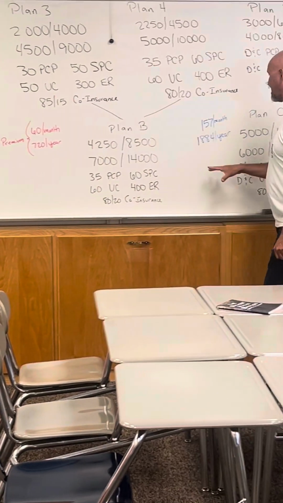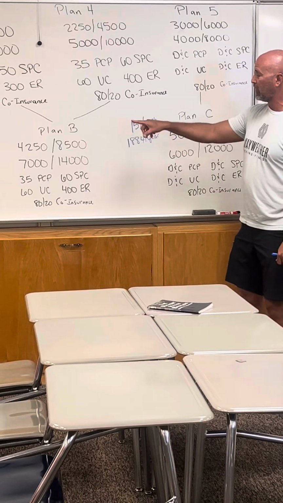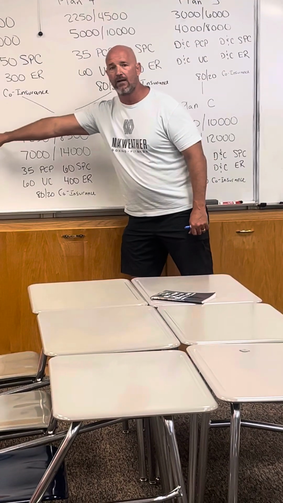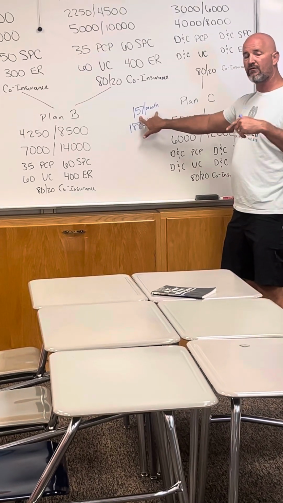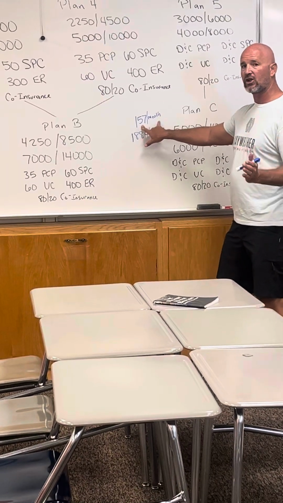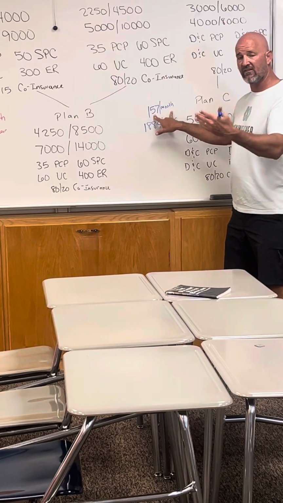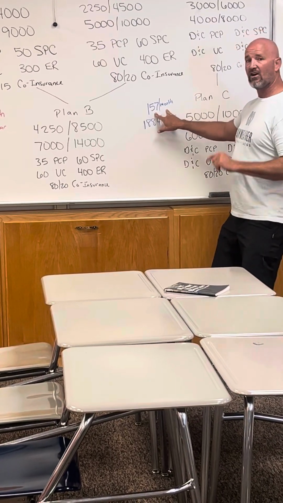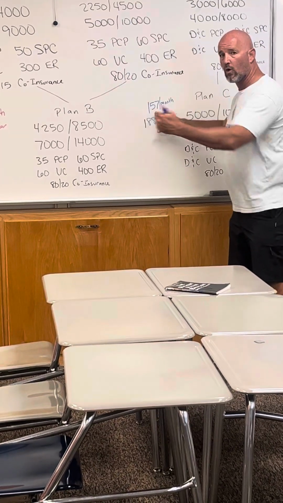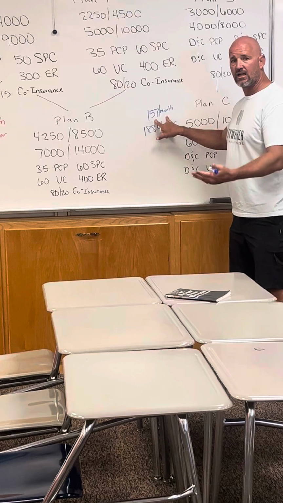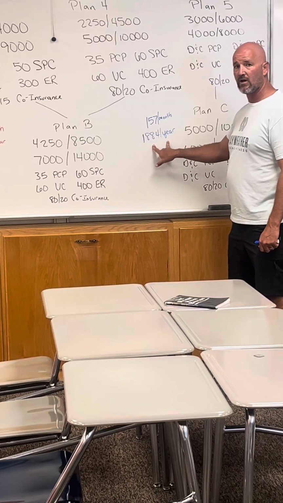With Plan C, this is the unique thing, is the reason why I did red and blue. In this one, the district will take $157 every month and contribute it to your HSA, which is a health savings account. So you actually have $157 each month that you can spend towards medical needs and medical procedures. So that ends up being $1,884 a year.